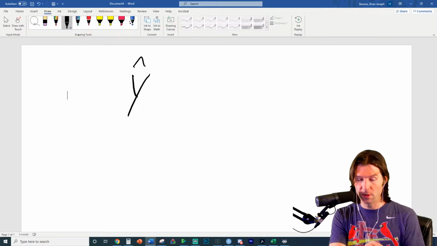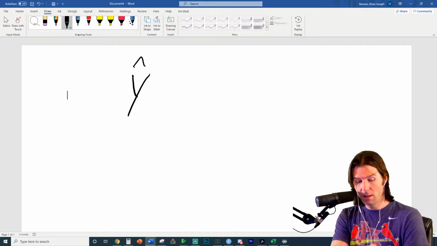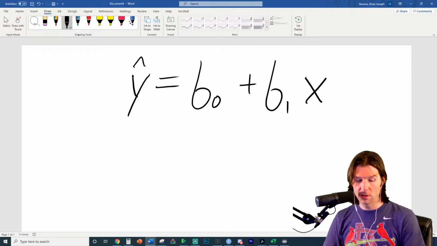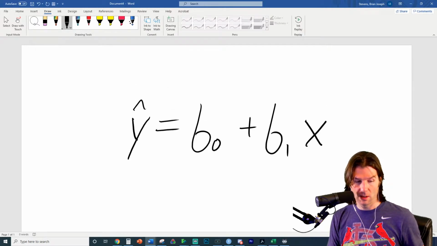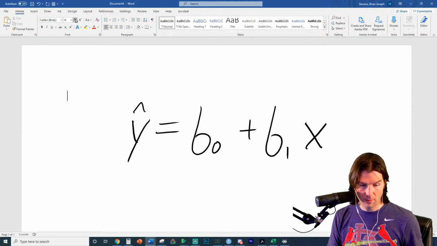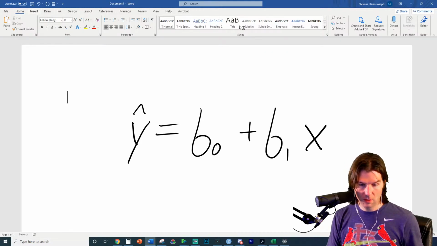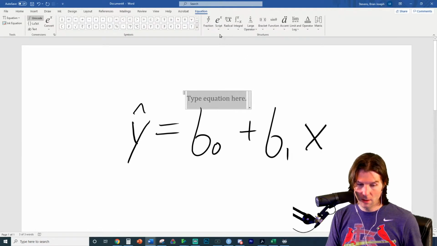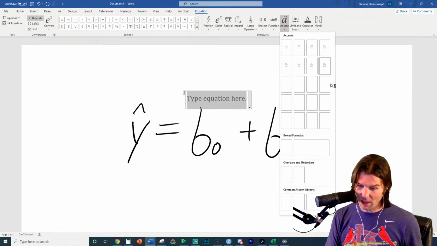Y hat, which stands for the predicted y, equals b0 plus b1 x, and those are subscripts. Now, when we do this, let's just do a formula right here. We can go to insert, equation, and I'm doing all of this just to put a hat over it.